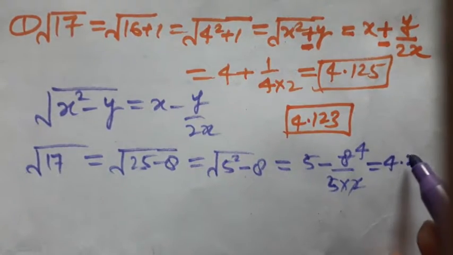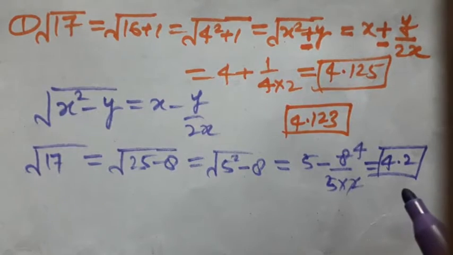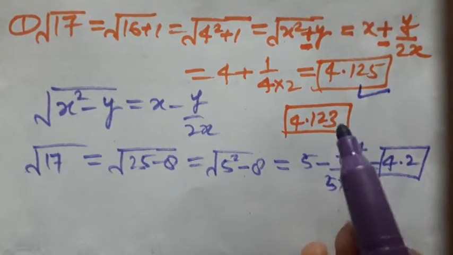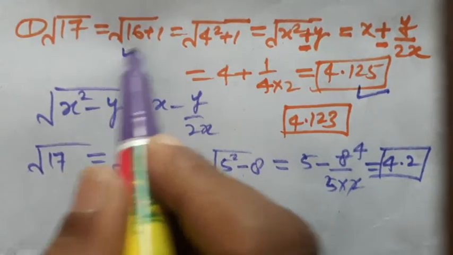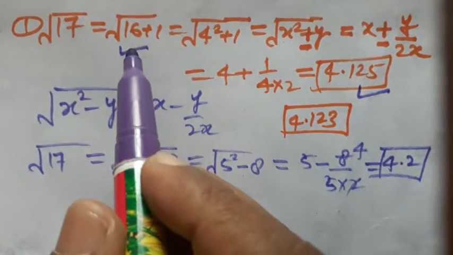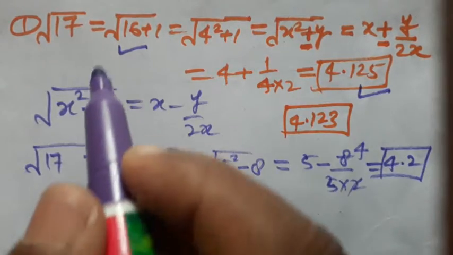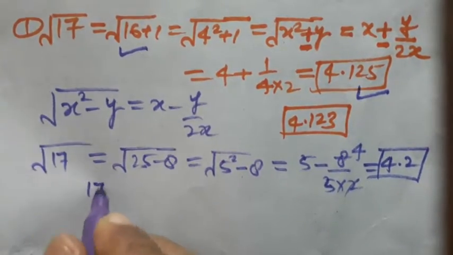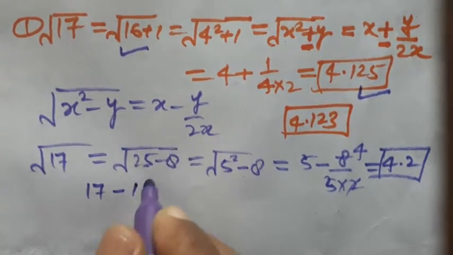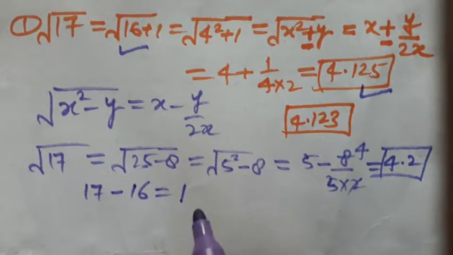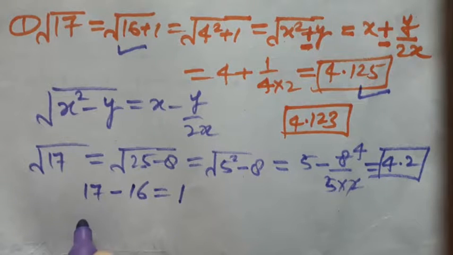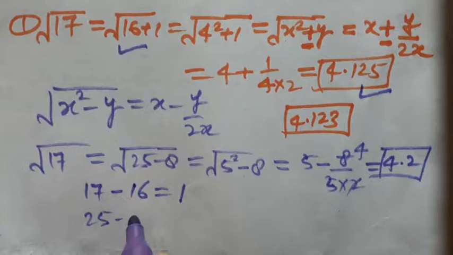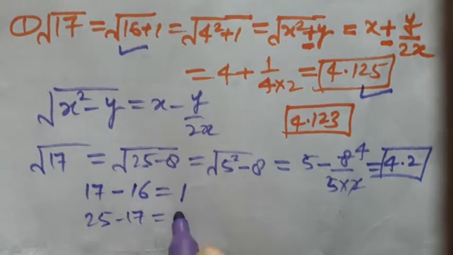So now you can understand which one is the nearest answer. The nearest one is this, that's why we prefer this one. But it depends on the gap. If we subtract 16 from 17, that is equal to 1, and if we subtract 17 from 25, that gap would be 8.